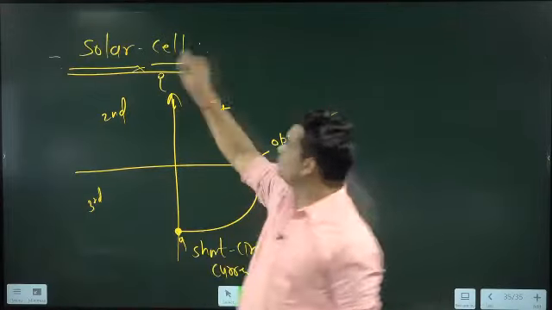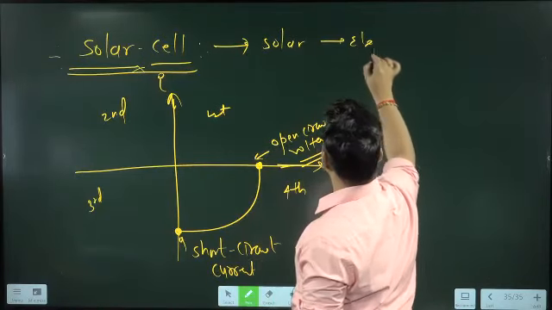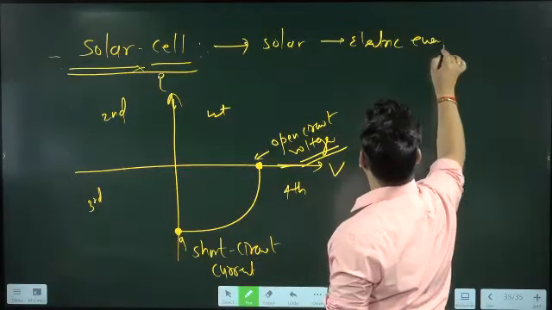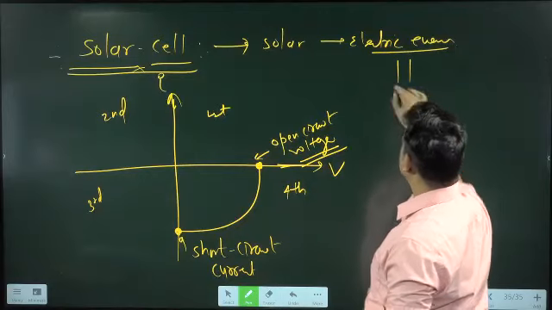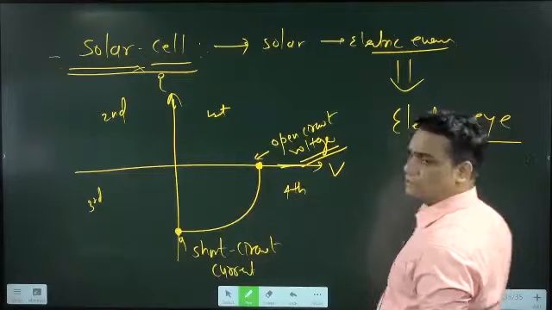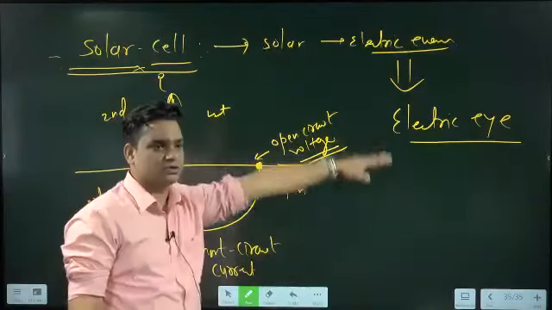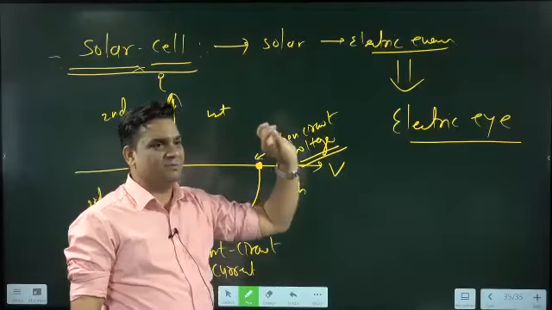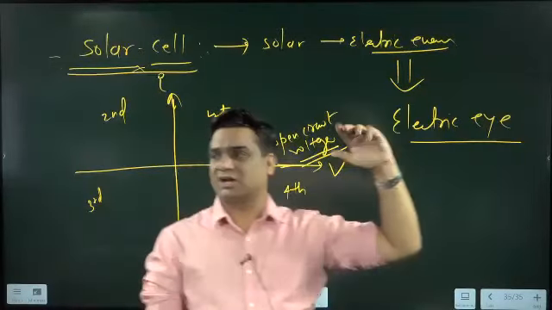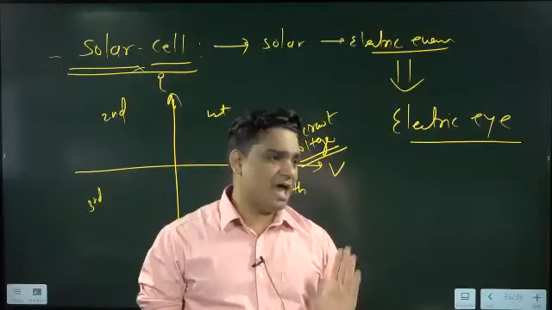It is going to convert solar to electrical energy. Electrical energy we can get in this one, and this is also sometimes known as the electric eye. So these are the things you need to remember about your solar cell. Solar energy will be coming, and because of the solar energy electron holes will be created, so we will be getting EMF.